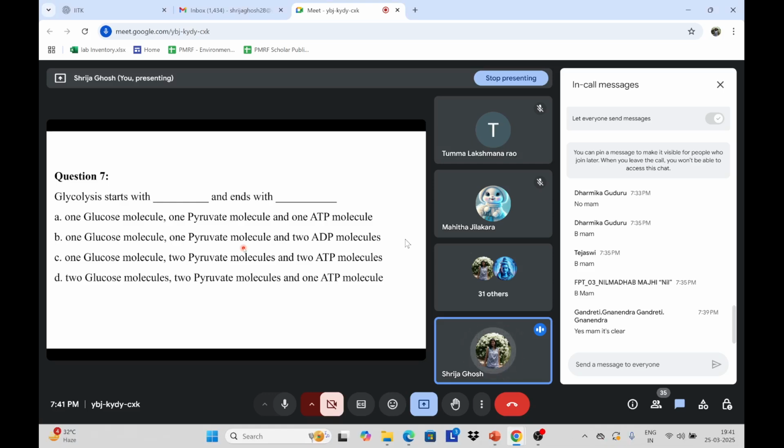Which of the following is the correct answer here? You have all seen the answer already in the previous question, so everybody should be able to answer this. Come on, write your answers in the chat box.